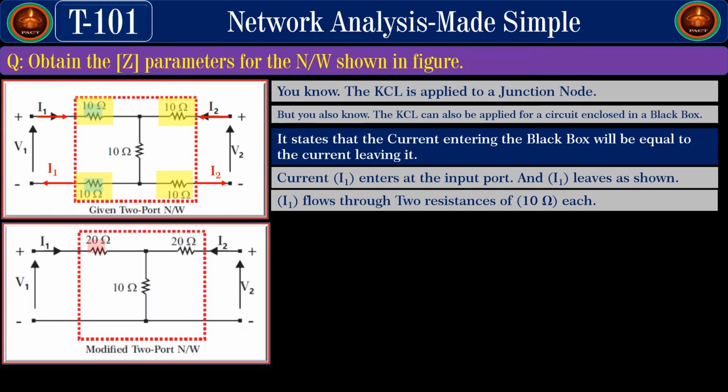As shown in the figure, you see that two resistances of 10 ohm in which the same current I1 is flowing is replaced by 20 ohm in which again the same current I1 is flowing. Similarly, the other two 10 ohm resistances are replaced by a 20 ohm resistance wherein again the same current I2 is flowing. So, this is the beauty of the concept.